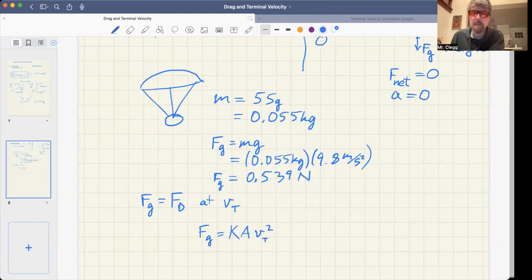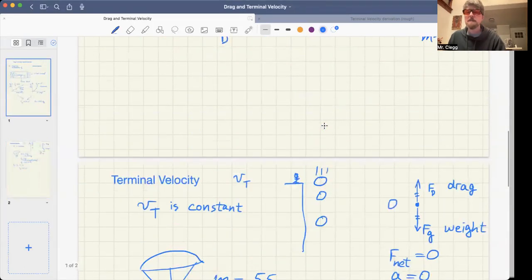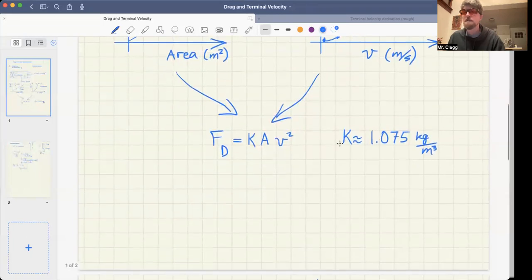So that's the terminal velocity squared. In this case, I know what the weight is because I just figured it out. I know what K is because it's way up here, 1.075. That's just a constant. That's true for any parachute.